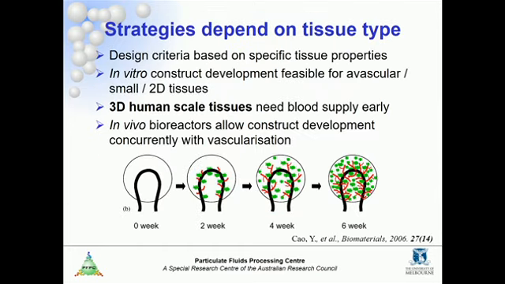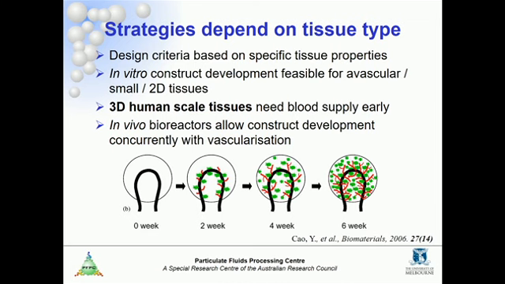So the strategies that we take depend on the type of tissue that we're trying to regenerate. So we need to think more specifically about what's the situation, what's the tissue, and we can develop in vitro constructs if the tissue is avascular, like cartilage, or if it's very small or very thin, so we can say that it's approximately two-dimensional.